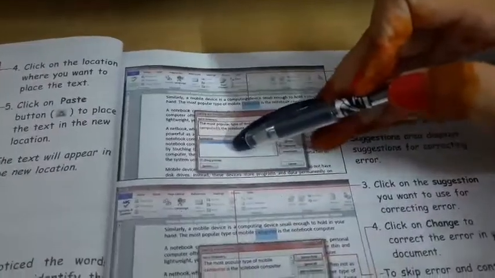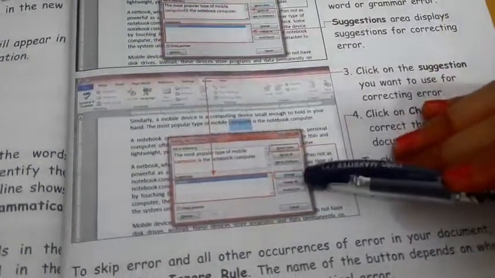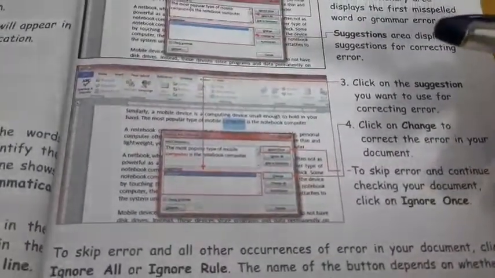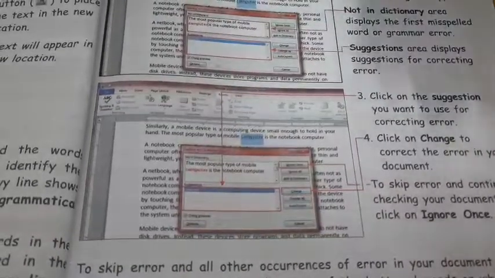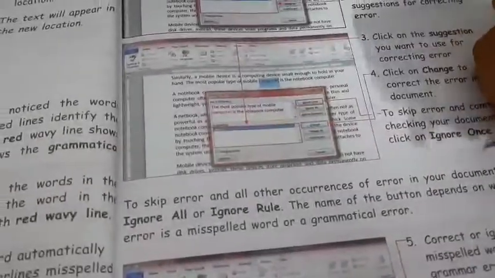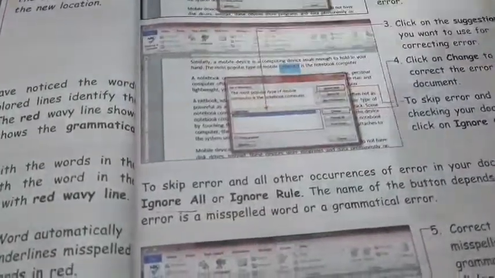Then here you can check the spelling in the downward list and then you can click on Ignore if you do not want to change that spelling. You can click on Change if you want to change that spelling. There is one more option which is Ignore All, and Change All.